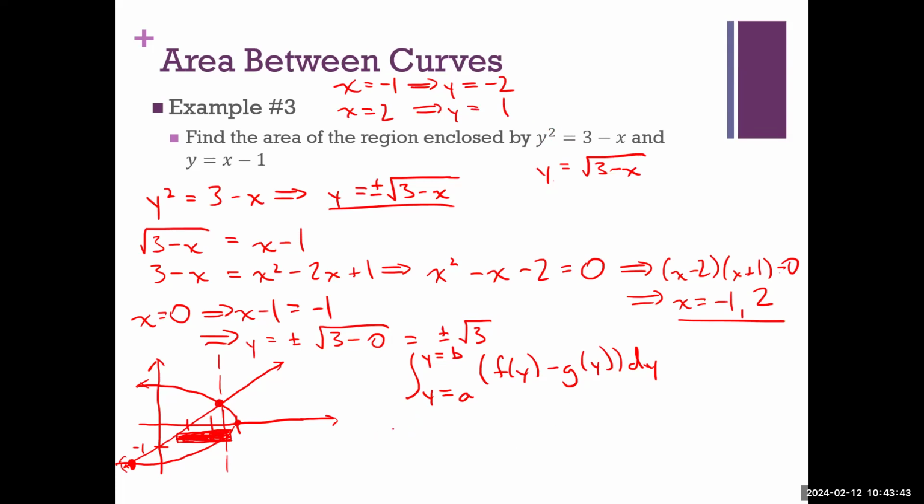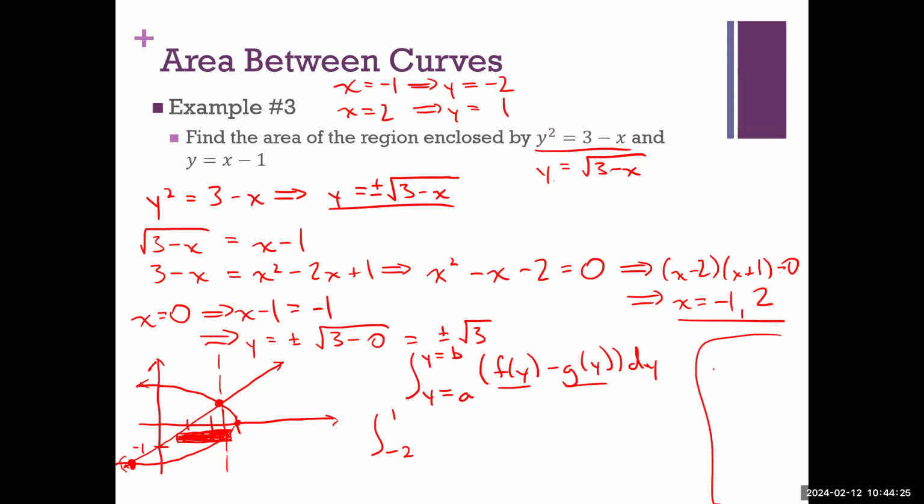So now our integral can be set up like this. The integral from -2 to 1 of what's the greater function. So here's the thing, the greater function is the parabola, right? But now we want to write these functions not expressed in x, we want to write them expressed in y. So what do I need to do with this y squared equals 3 minus x? I need to solve that for x.